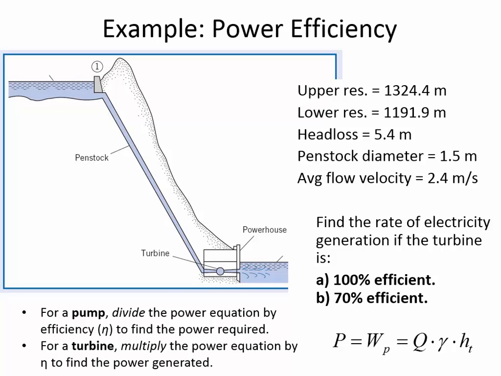So you divide by 0.7, and you'd get something like 7 megawatts of electricity needed to lift it uphill. So just to summarize, when you have a pump problem, you'd use the energy equation to solve for H sub P, and then you'd substitute it into the power equation where instead of turbine head, it's the pump head as the final term. So any questions about this example or how we deal with efficiencies?